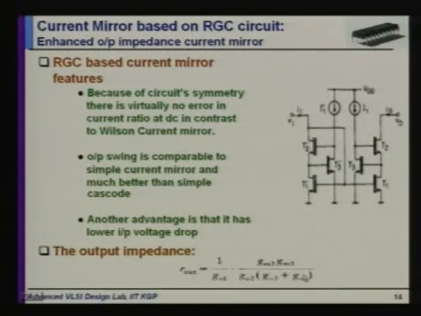It is very high, higher than the simple cascode, as I have already said, because the gate voltage is feedback coupled from the output voltage by this transistor and this bias current, which are constant.